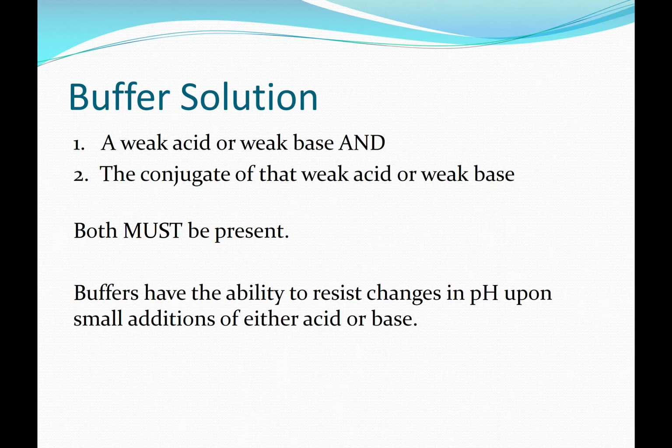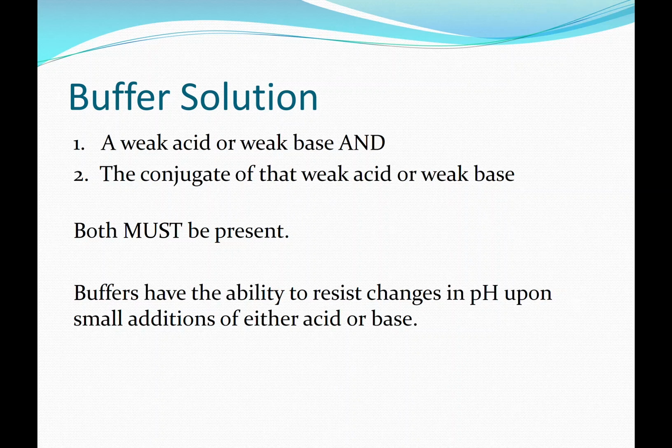And when we have a buffer solution, what ends up happening is that that solution has the ability to basically resist change in the pH when we add small amounts of either acid or base to that solution. It doesn't mean the pH isn't going to change at all, but what it means is that it's not going to change very much. And relative to how much, say, a beaker of water would change, it's almost no change at all if we have a buffer solution.